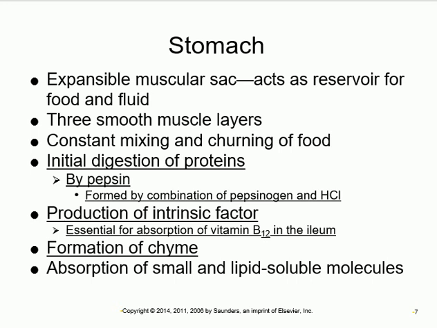What else are we going to do in the stomach? Intrinsic factor. And this is important. What's intrinsic factor? The intrinsic factor is a factor that's released from the stomach to facilitate the absorption of vitamin B12. Meaning, you can eat as much as you want of vitamin B12 and you absorb nothing, because you don't have intrinsic factor.